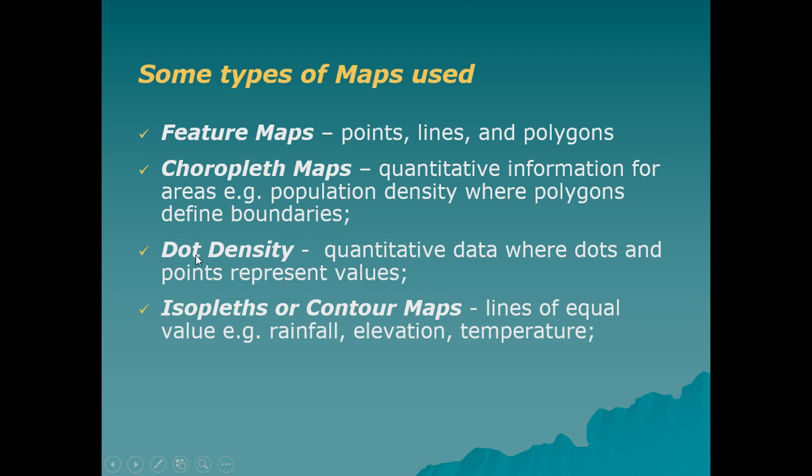So this type of paper map here represents clusters very well. And then we also have our isopleth map, or a contour map, as most of us would be familiar with those contour maps. But those isopleth maps can also represent rainfall, elevation, temperature, etc.